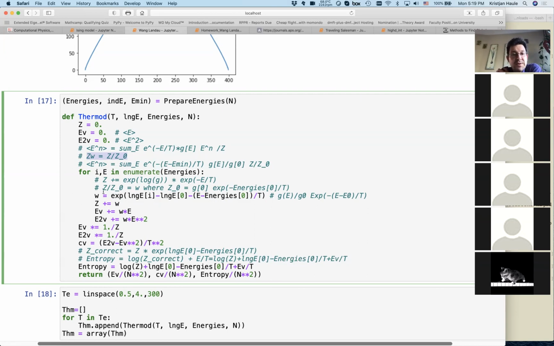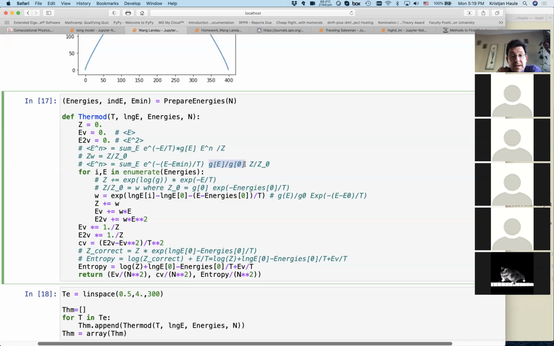Okay, so this weight here is Z divided by Z naught, where Z naught is the Z that corresponds to the ground state. So therefore, for the average energy to the power of n, we have E minus minimum energy, which corresponds to the Z naught, divided by T, and then times density of states of E divided by density of states of the ground state.